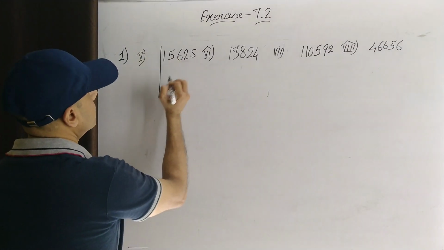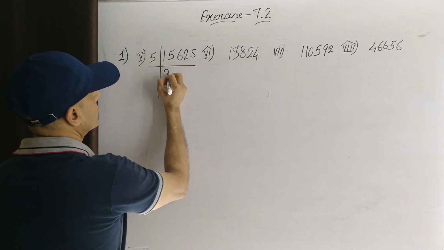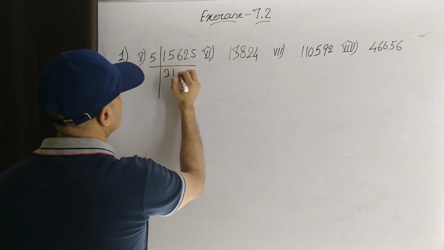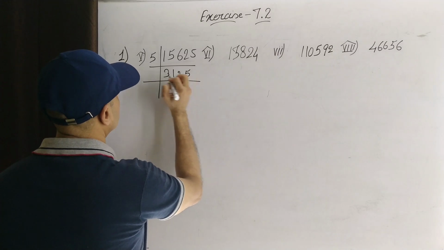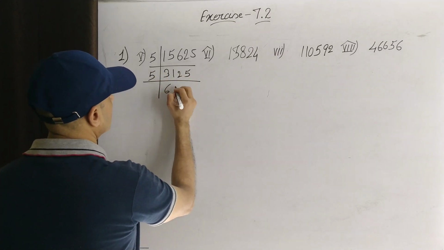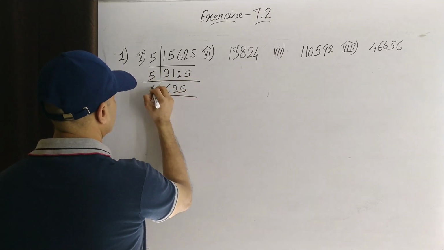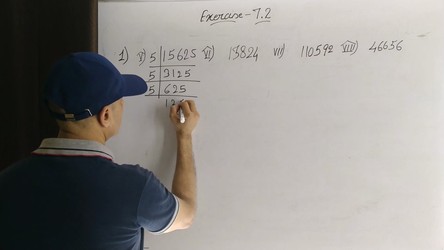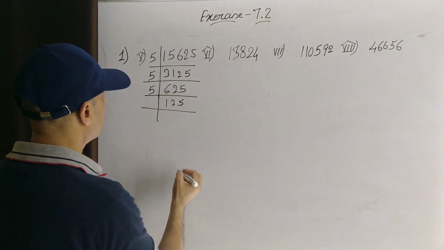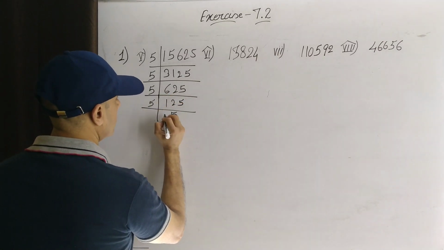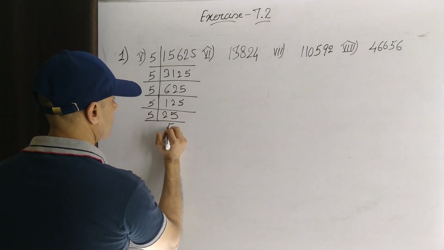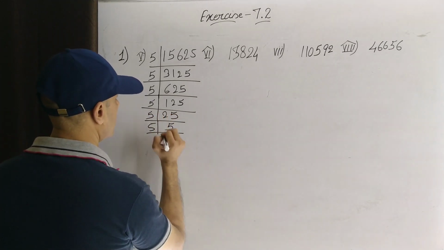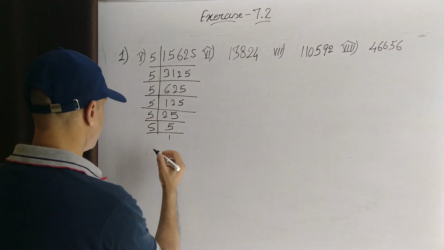So this number is divisible by 5. 125 is 5 cube. So we have got the prime factors in all 5.